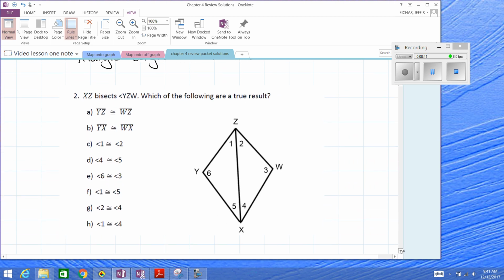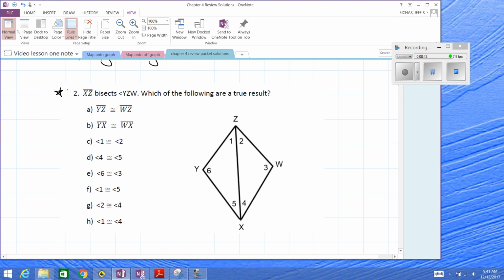That's what we use. This is a really important question: the idea of what inference we can make from a piece of information. So the fact that XZ bisects this angle, we can make an inference. Let's make sure we don't make the wrong inference based on that. What I like to do is follow the path of YZW.